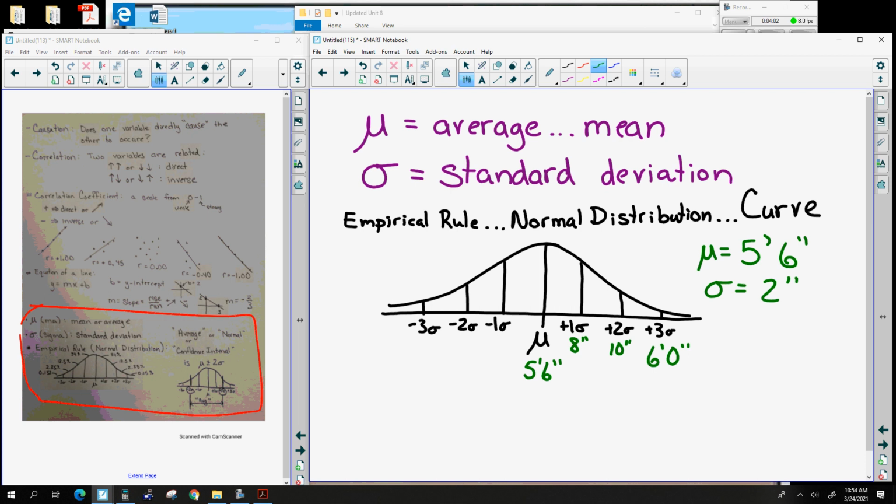You can also take standard deviations away from that average. So 1 standard deviation, 2 inches below the average, would be 5'4", then 5'2", and then 5 foot. And so that's a distribution curve.